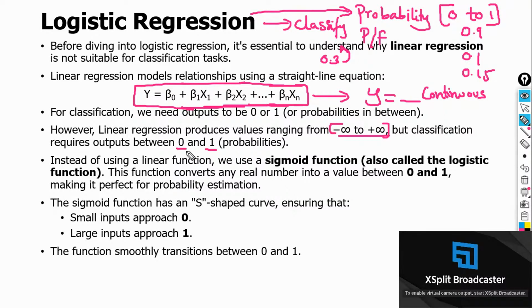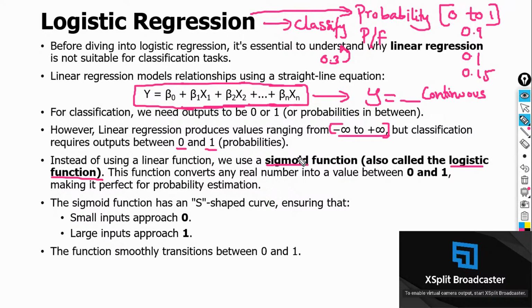So instead of using a linear function, logistic regression uses a nonlinear function called the sigmoid function, also called the logistic function. This is a very important function as part of neural networks. In the next topic, in the coming module, I'll talk more about this sigmoid function.